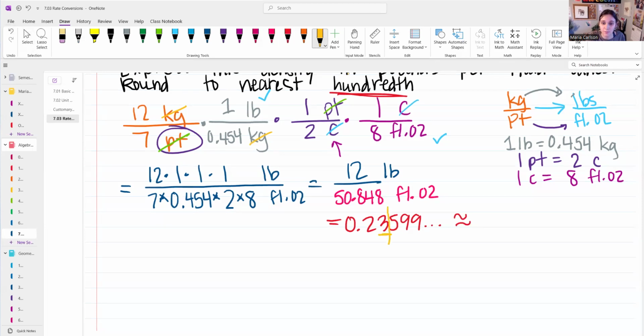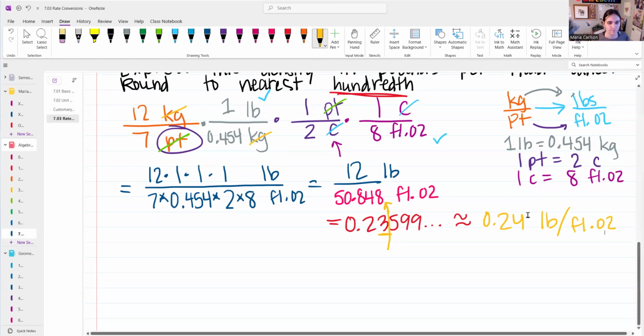And the 5 that comes after that 3 is large enough for us to round the 3 up. So this is approximately 0.24 pounds per fluid ounce. LB over fluid ounce means pounds per fluid ounce.